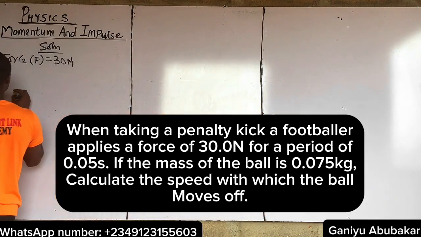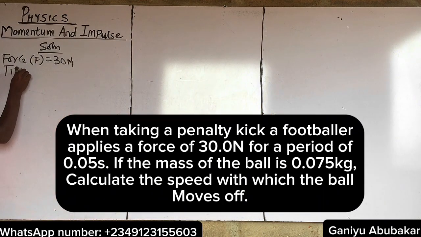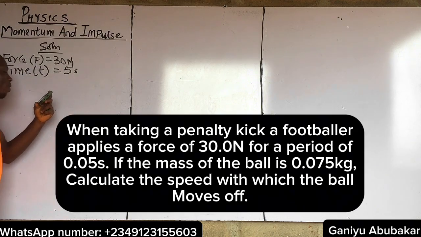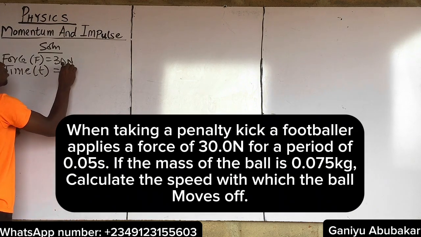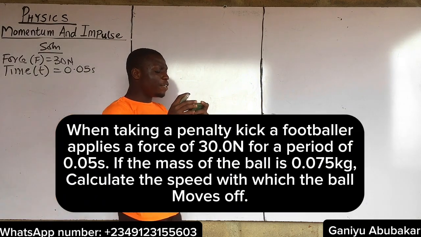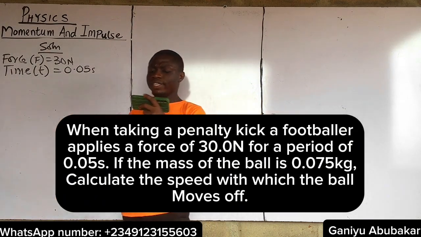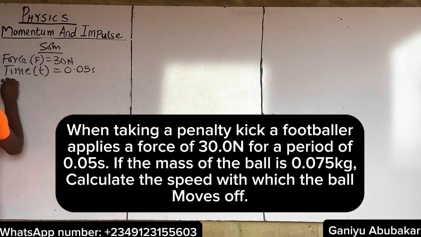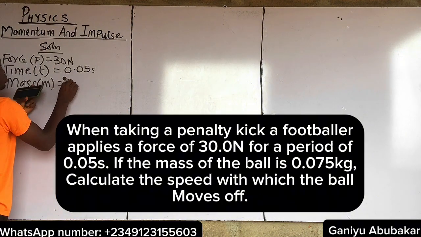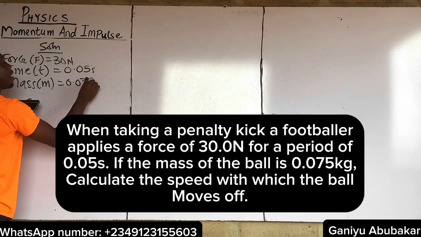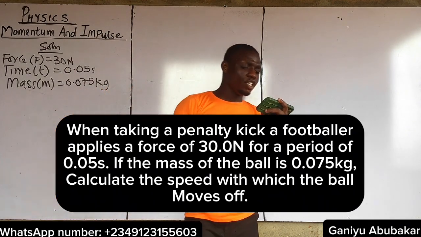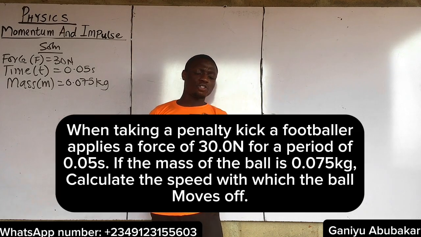That's time, that's t. If the mass of the ball is 0.075, then I'm given mass, that's m, to be equal to 0.075 kilogram, calculate the speed with which the ball moves off.